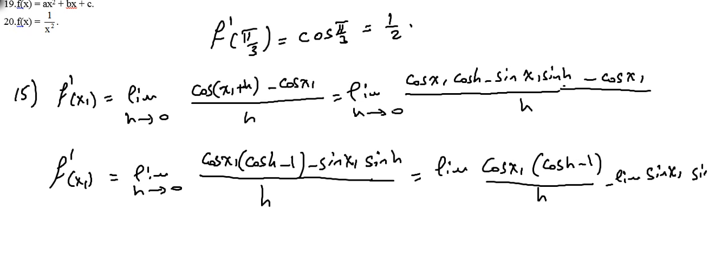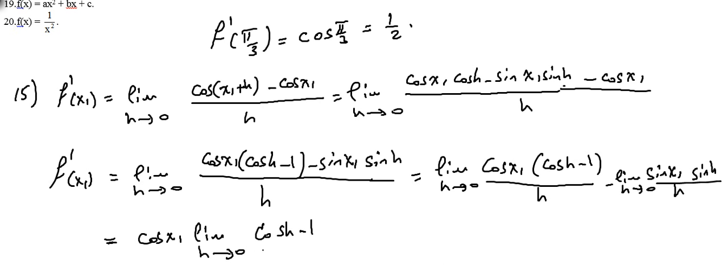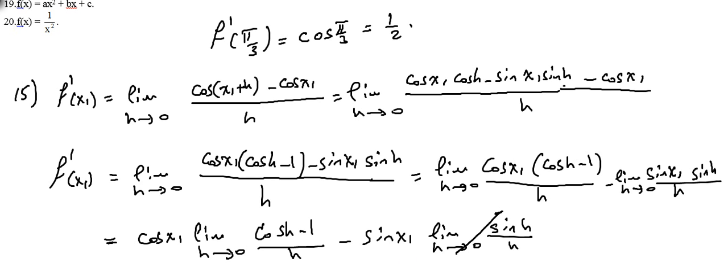Let's take cosine x1 outside as a constant, and also sine x1 outside, times the limit as h tends to 0 of sine h over h. Again, this is 1 and the other is 0. We end up with minus sine x1.